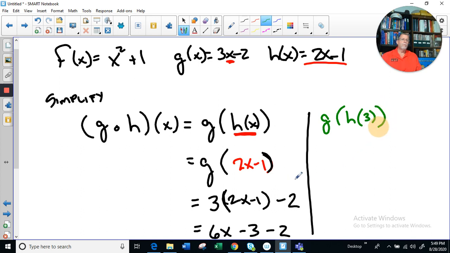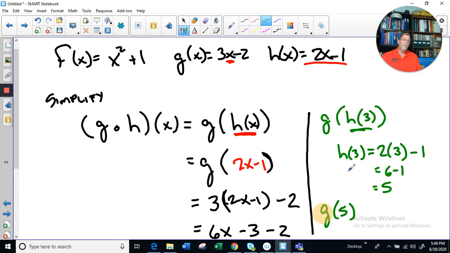What could I have done? Well, what I could have done here is first found h of 3, because again, I'm going to do the inside first. h of 3 is 2 times 3 minus 1. That is 6 minus 1, which is 5. And then knowing that, I would need to find g of 5. Do you see how this works?